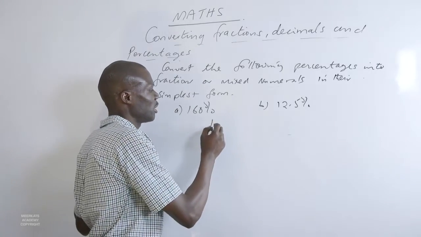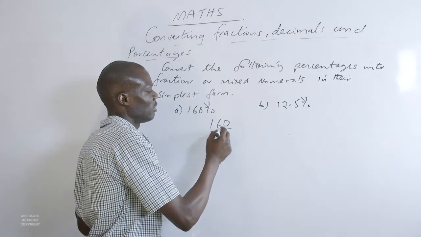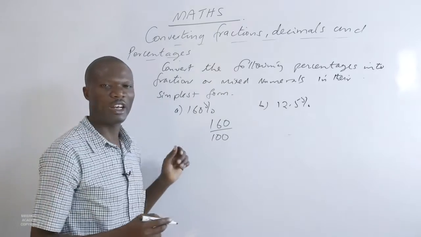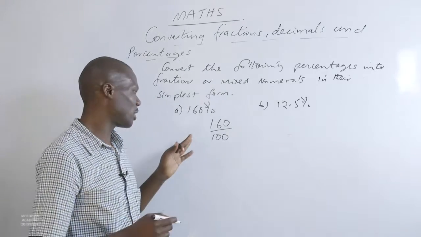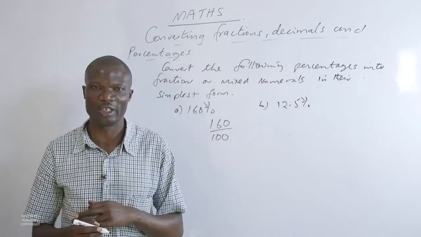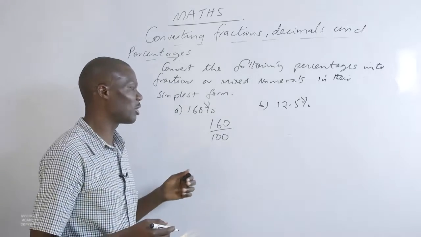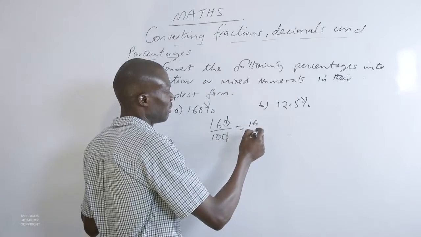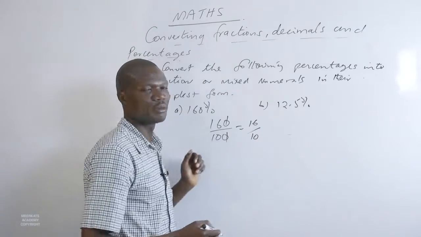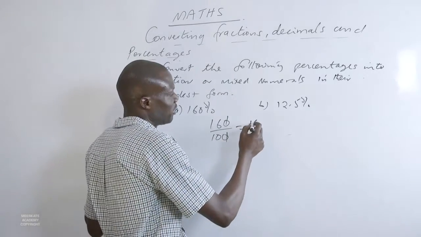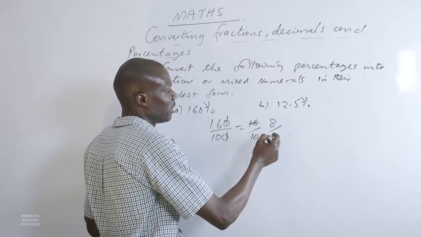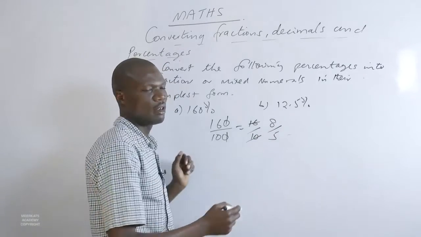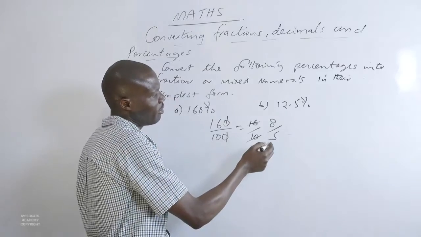So we shall have this as 160 over what? Over 100. So when you simplify this by 10, you get 16 over 10. By 2, we get 8. By 2 down here, we get 5.